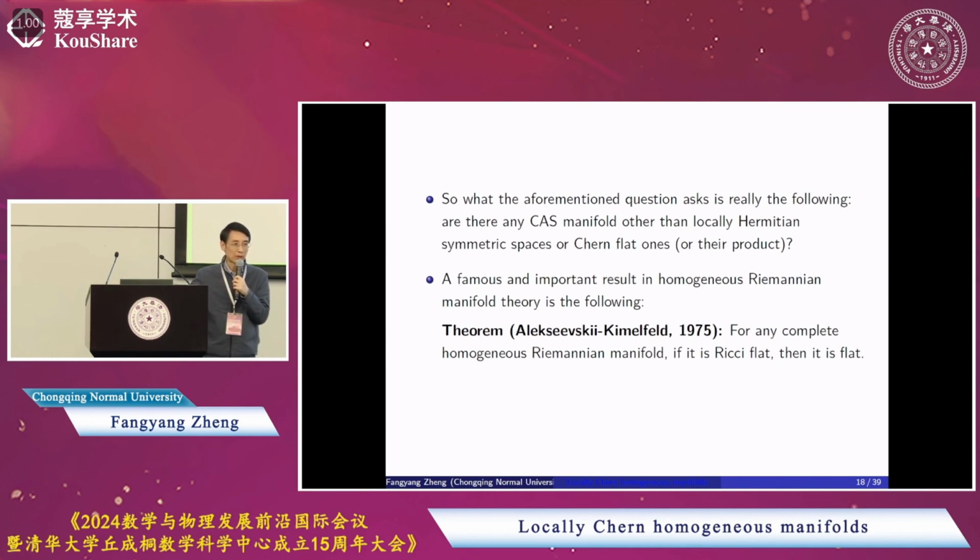Back then, people didn't know any example that is Ricci flat but not flat. So therefore, back then they were asking more conjectures. But at least in the homogeneous case, it says that the thing we call Calabi-Yau cannot exist, right?